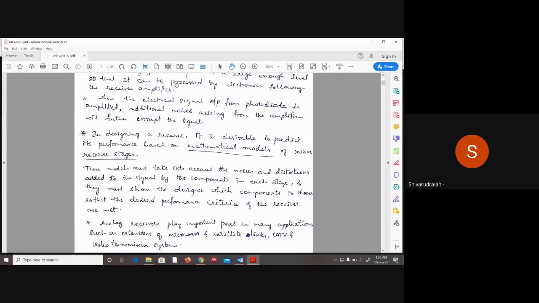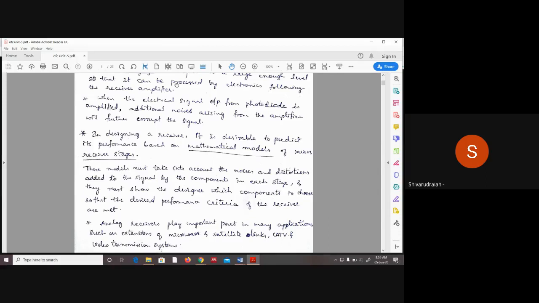Before we actually start constructing the optical receiver block, one has to establish a mathematical model of the same. This model must take into account various parameters such as noise and distortions that are added to the signal by components such as photodetectors, amplifiers, and the resistors which are being used.